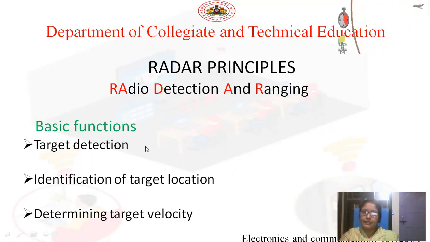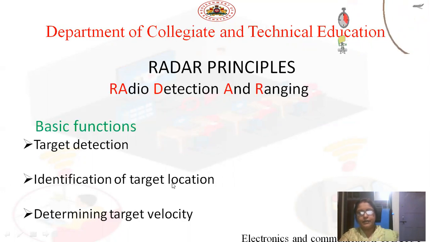Target detection means the radar is used to find out the target, whether the target is there or not. Detecting the target is one of the major tasks of the radar. After detecting a target, once the target is captured, to identify its exact location, exactly at what distance it is from the radar station.